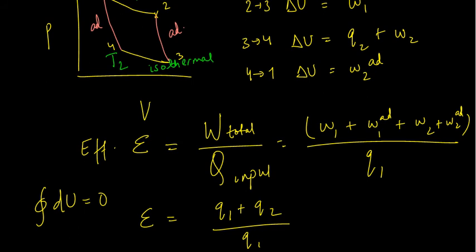What I want is the work that has been done by the system, right? So if the system does some work on the surroundings, then this total work should be a negative quantity. So to make it positive, I could put a negative sign over there, and then that's the efficiency.